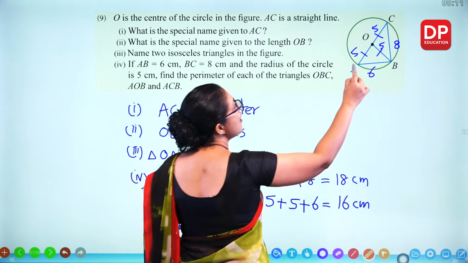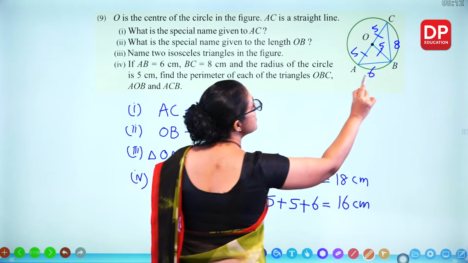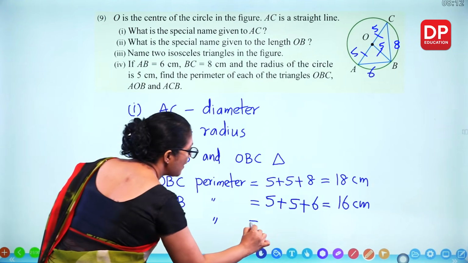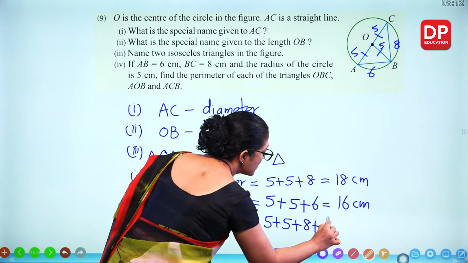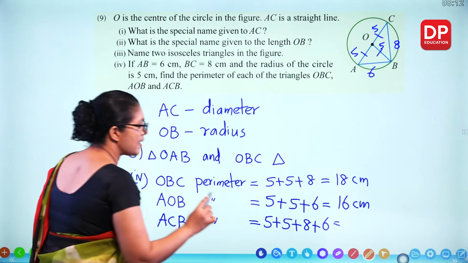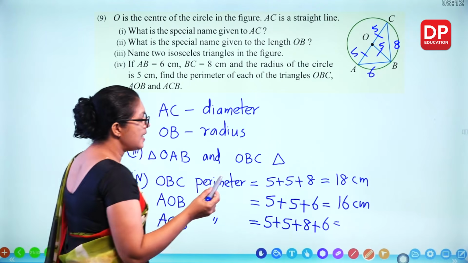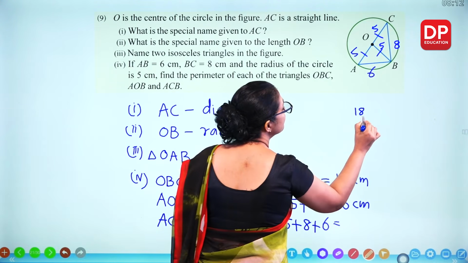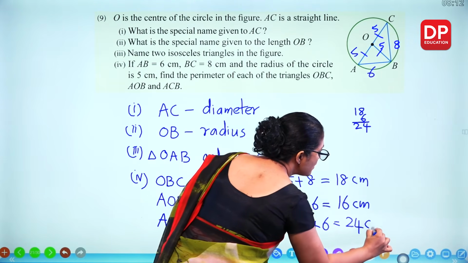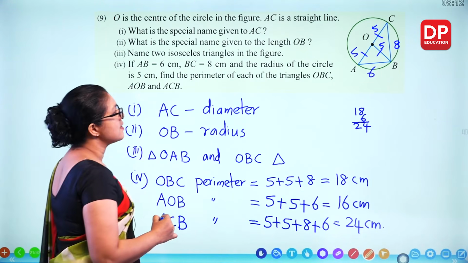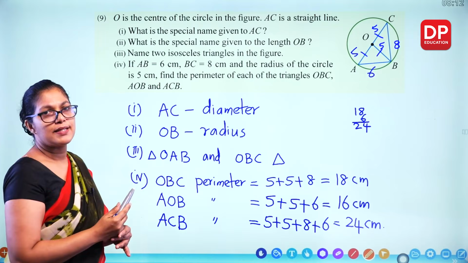ACB, the big one. 5, 5, 8, 6. 10 plus 8, 18. 18 plus 6, 24. So 24 centimeters. So those are the perimeters.